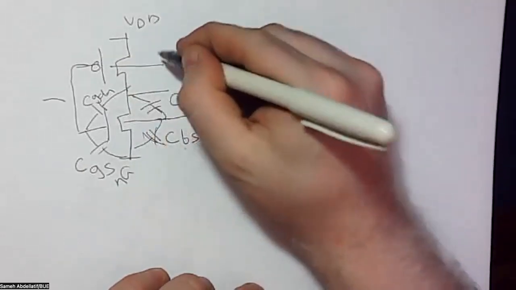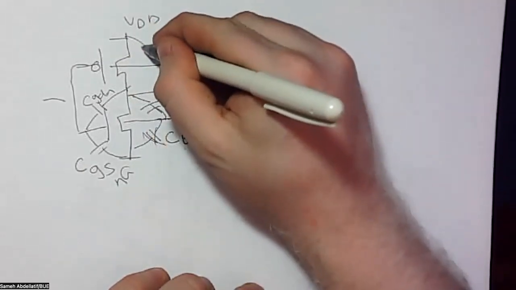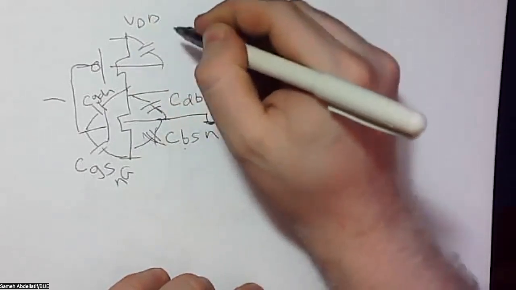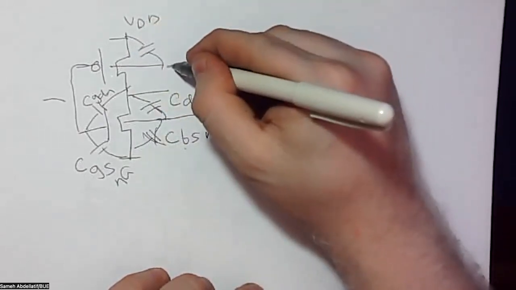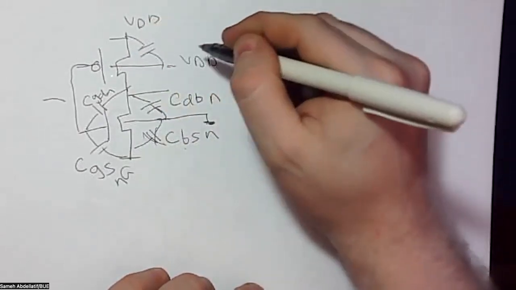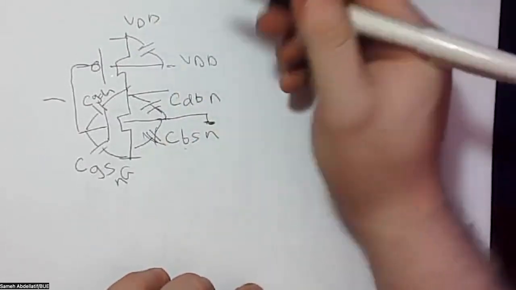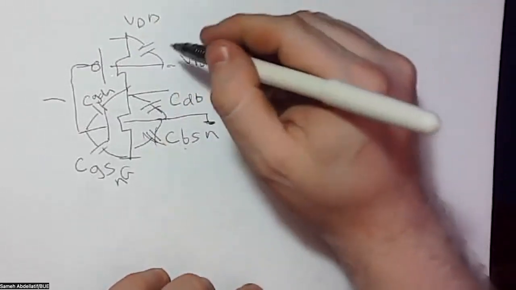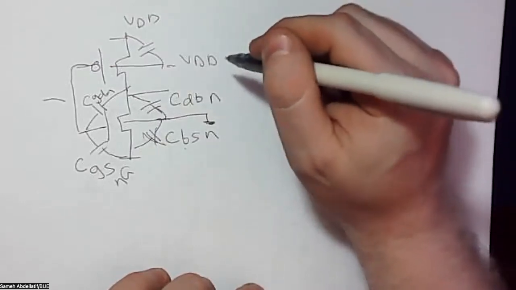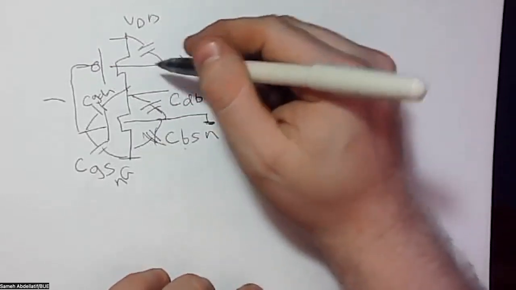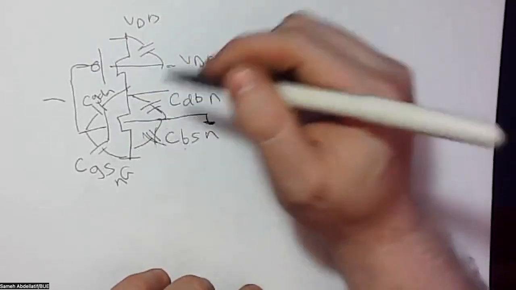Similarly, the same will happen here when you have this capacitor, for example. Again, this terminal is connected to VDD. So again, this capacitance will not be of interest because the two terminals are connected to VDD. But other capacitances are important as well.